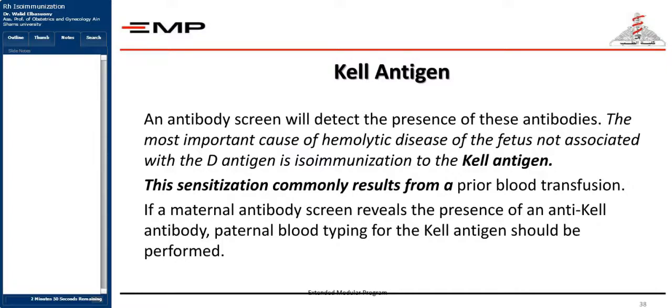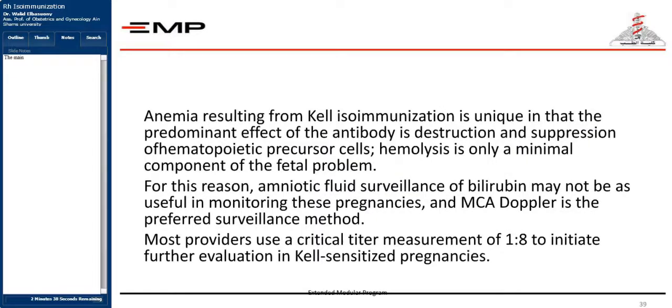If a maternal antibody screen reveals the presence of anti-Kell antibody, you should do a paternal blood typing for the Kell antigen to make sure that the fetus may have the possibility of carrying the Kell antigen. Anemia resulting from Kell isoimmunization is unique in that the predominant effect of the antibody is destruction and suppression of the hematopoietic precursor cells.